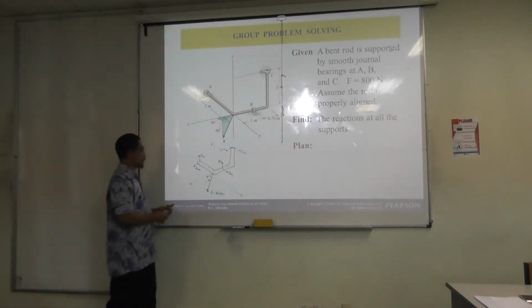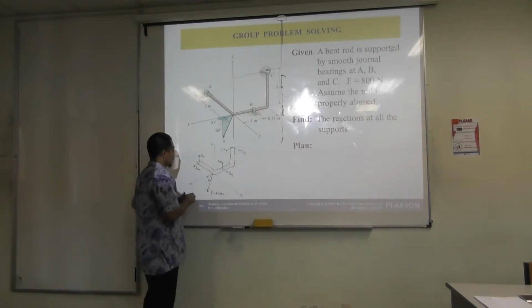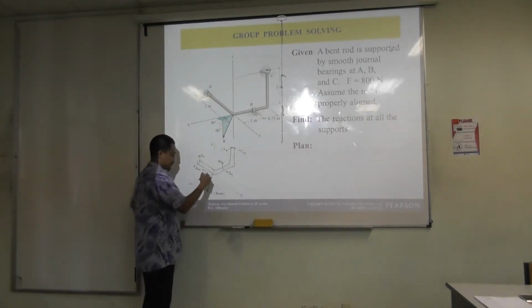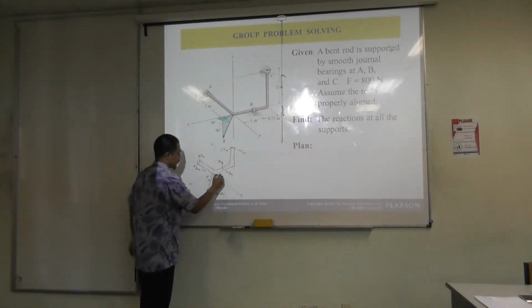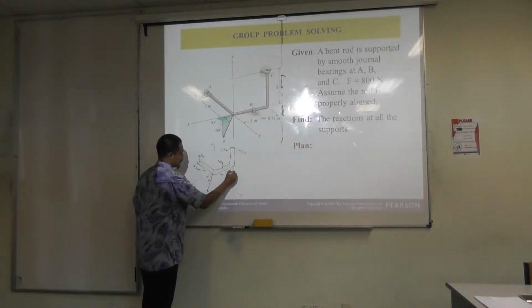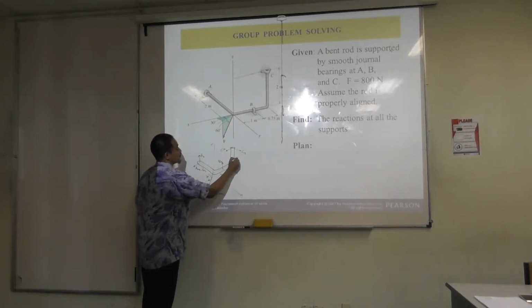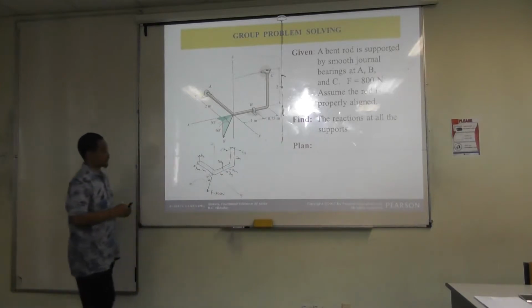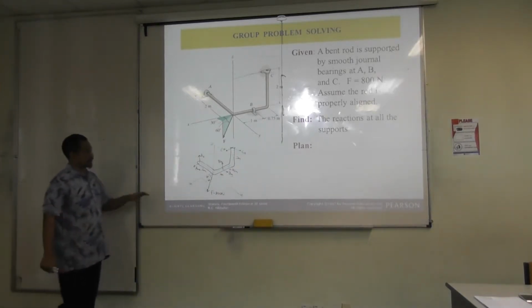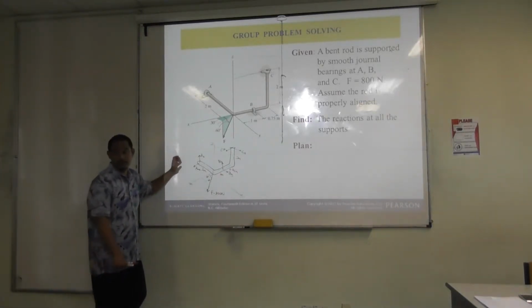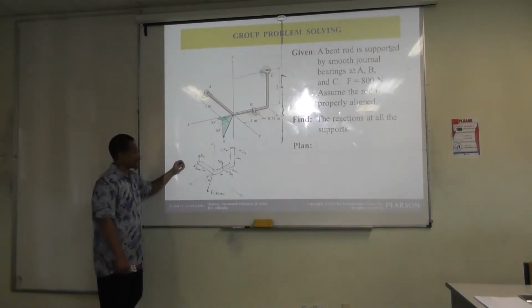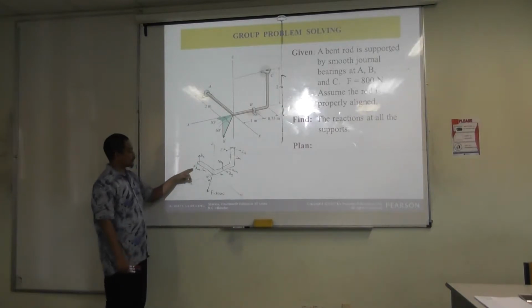So of course the dimensions should also be 2 meter, 1 meter, 0.75 meter, 2 meter. Alright. Any question on the free body diagram? Okay. Hopefully you understand what we discussed about properly aligned, right?